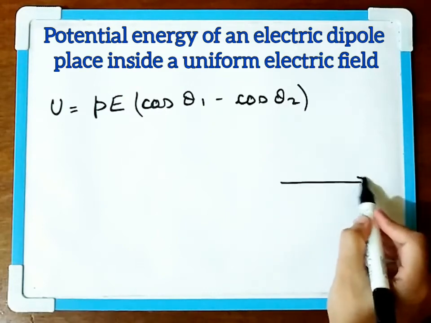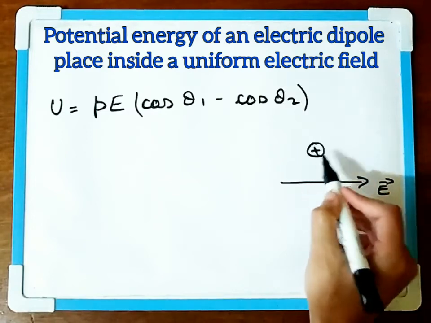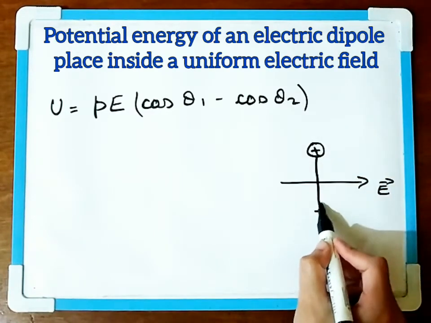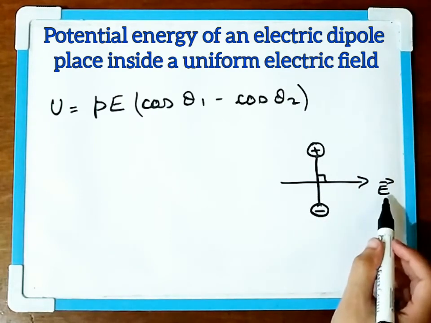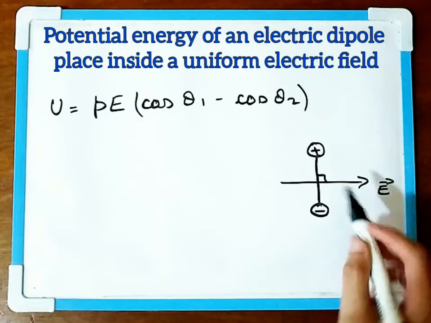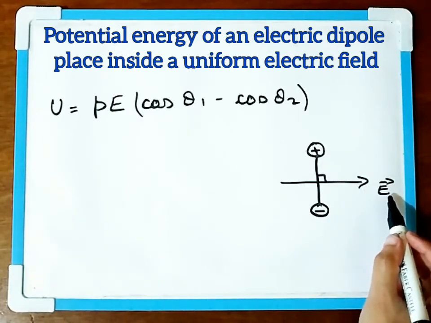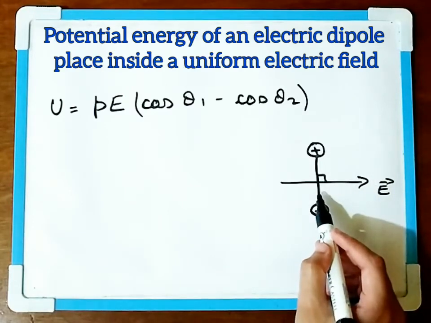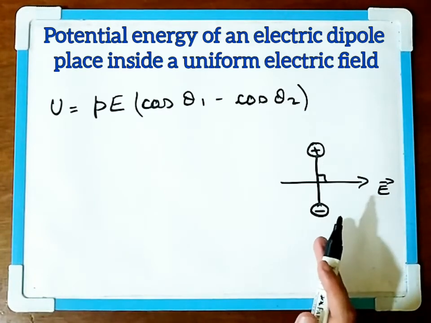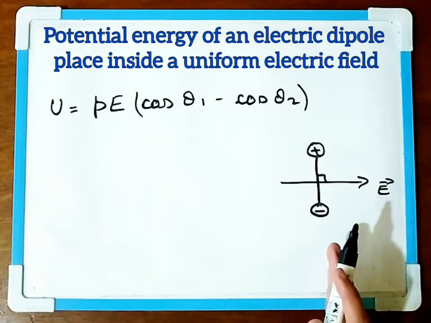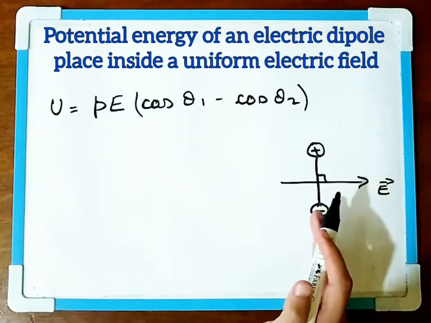Okay, so we have the electric field E. The initial position of the dipole is taken to be at this position, which is making an angle 90 degree with the electric field E. So your P vector is making an angle 90 degree with your electric field vector E. We take this to be the initial position because at this position the potential energy of the dipole is 0. That's why we take it to be the initial position.